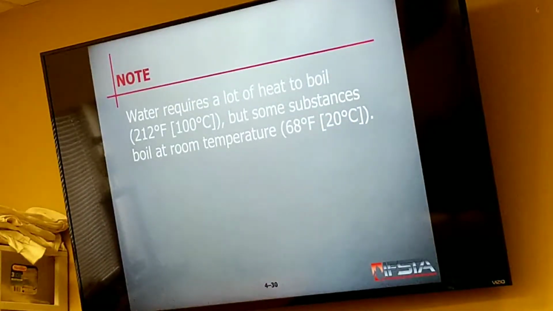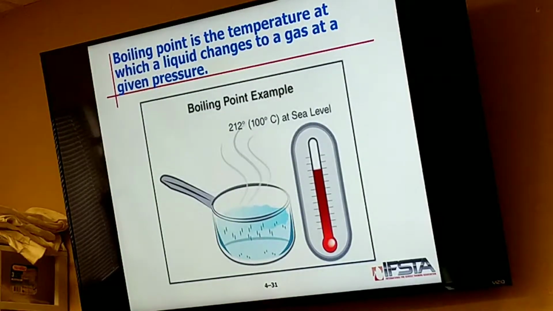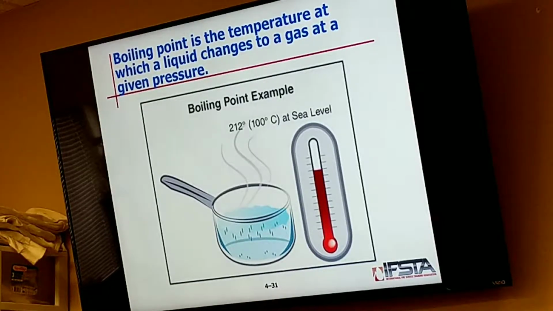A boiling point is the temperature at which a liquid changes to a gas at a given pressure. Usually boiling points are expressed in degrees Fahrenheit or Celsius, and basically this all starts out at sea level.